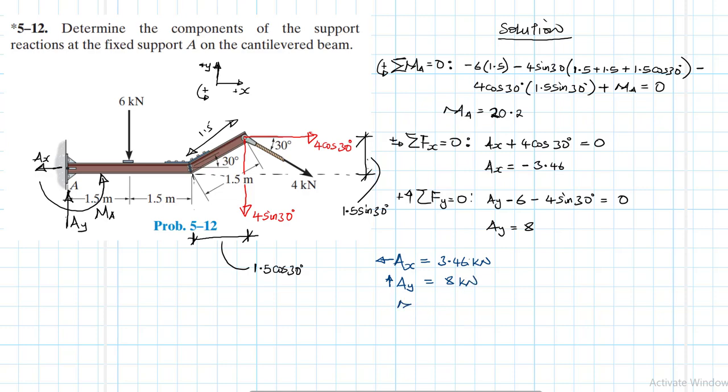And then we have MA, which still maintains that direction, and our MA is equal to 20.2 kilonewton meters. I think this is about it.